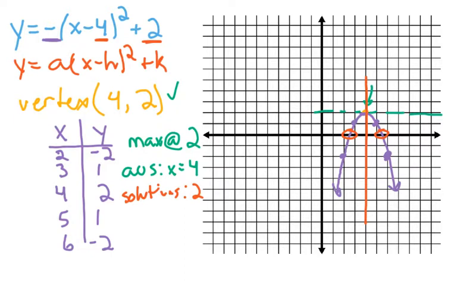Based off of my graph, it looks like it would be something around 2.5, maybe 2.5 is one of them, and then the other one would be 5.5, some decimal that's there. But I know I have an answer between 2 and 3, and then between 5 and 6. All right, so that's what we're looking at in standard form.